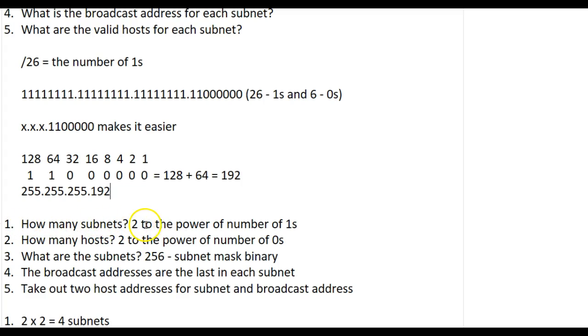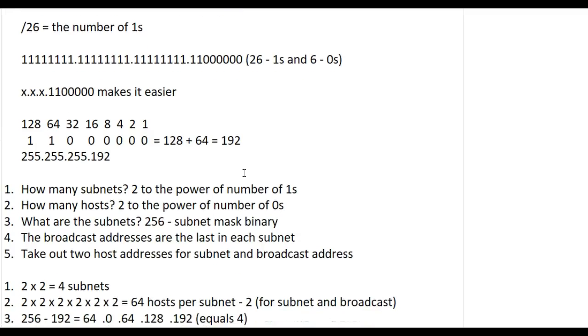It's really important to note how many subnets. It's 2 to the power of the number of ones. So right here you see 2 times 2, which is 4. So you would have 4 subnets. How many hosts? It's 2 to the power of the number of zeros. Since we have 6 zeros, we use 2 to the power of 6.